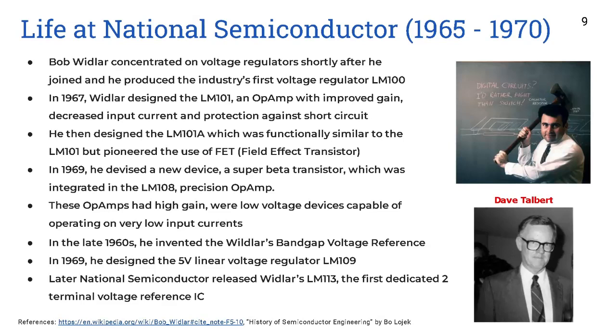So this combination of Bob Widlar and Dave Talbot single-handedly ran the analog IC industry in the 1960s and 70s. You could also say that they were the Steve Jobs and Bill Gates of the analog IC industry.